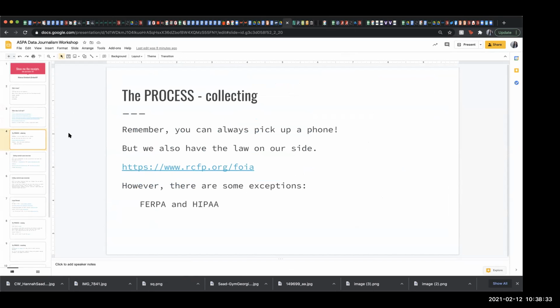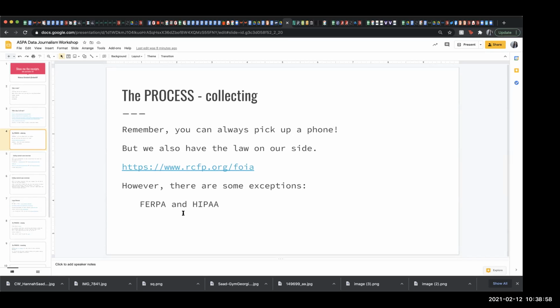So how do you get data? One thing that you can do is, a lot of data is already available, right? It's on websites, it's on trackers. I'm sure you're used to all the COVID trackers at this point. But on national databases and things like that.